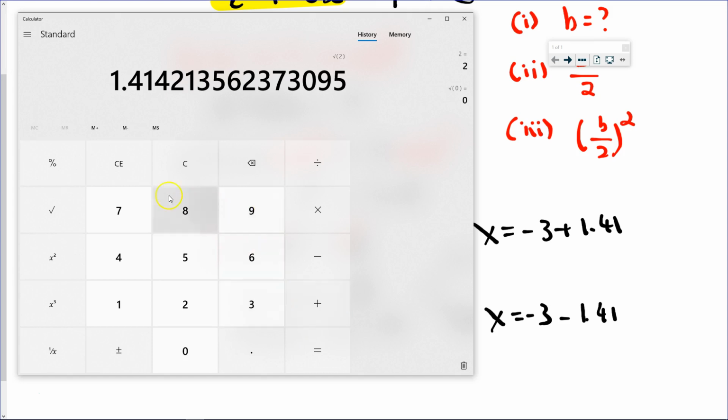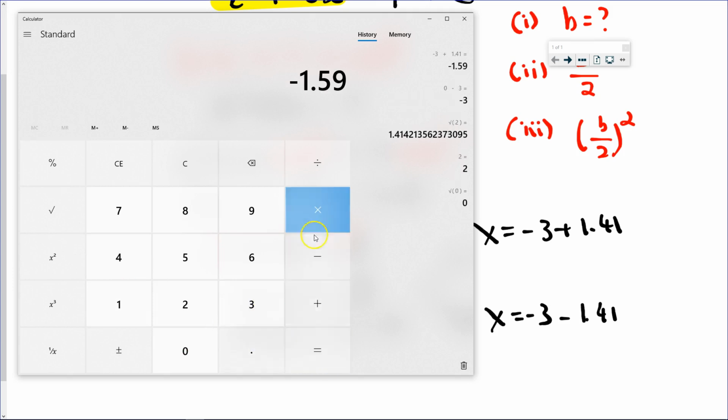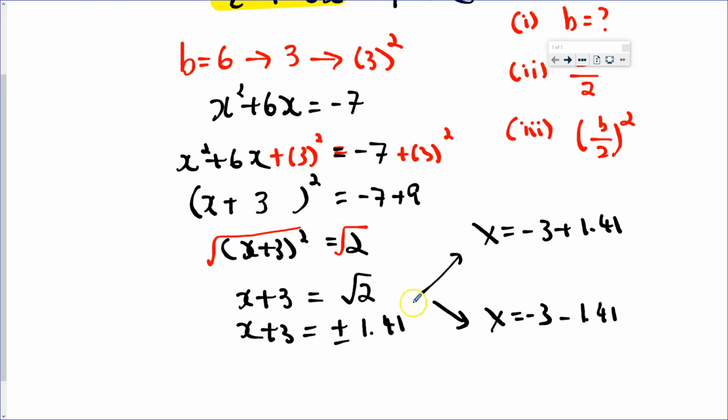Let's clear off this. Okay. Negative 3 plus 1.41, negative 1.59. There's a point over here. This is going to be negative 4.41.